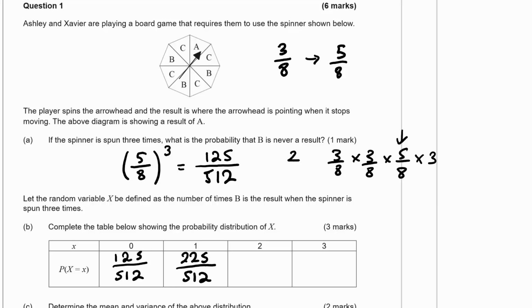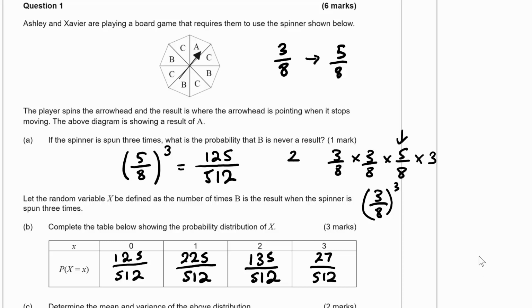So 3 times 3 is 9, times 5 is 45, 3 lots of 45 is 135 over 512. And finally, to get 3 of them, that would just be 3/8 cubed, which is 27 over 512.